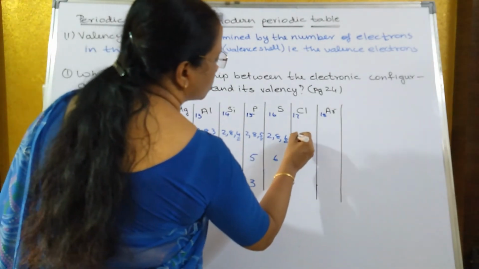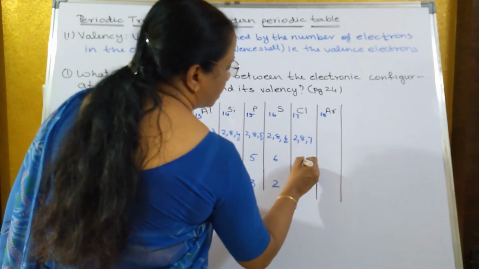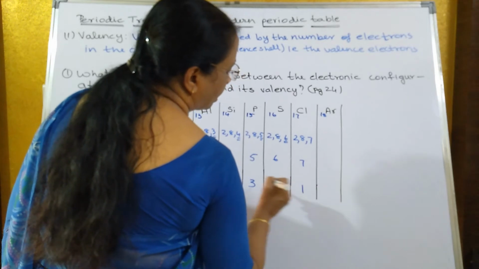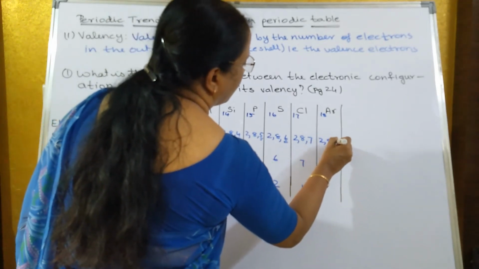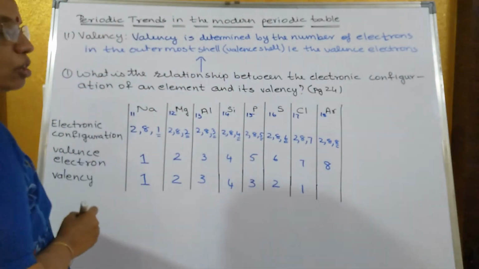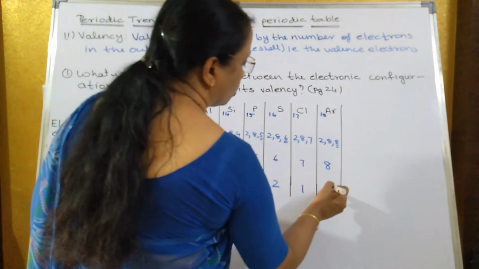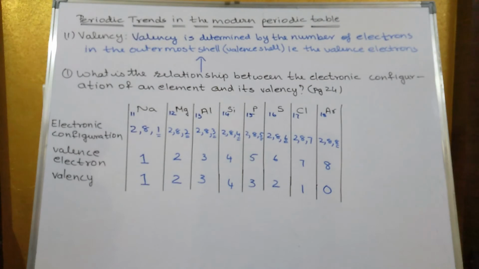Here it is, which we had already discussed, 2, 8, 7. The valence electron is 7, it will take 1 electron, therefore the valency is 1. Here it is 2, 8, 8. The valence electron is how much? 8. It doesn't have to take any electron, nor give away any electron. So the valency over here will be 0. So this is how the valency is determined.